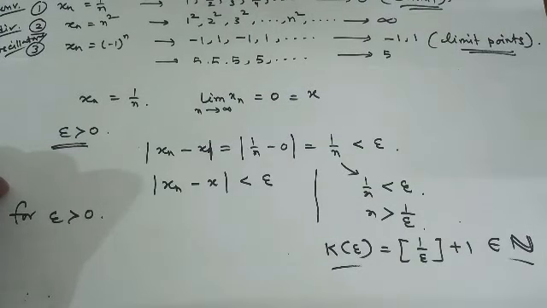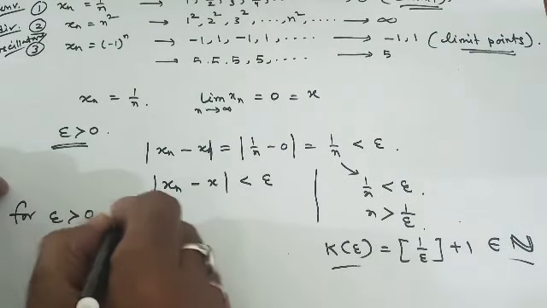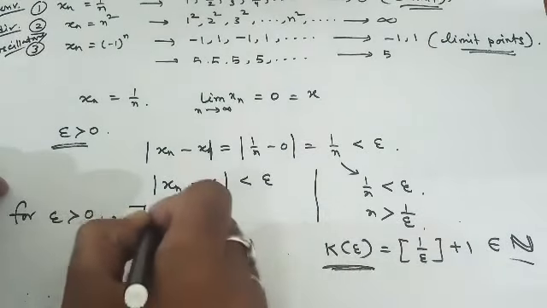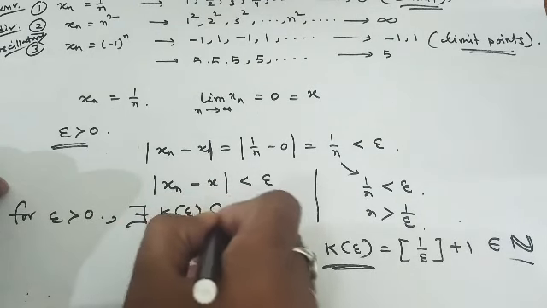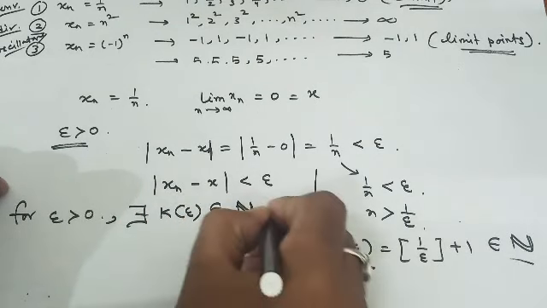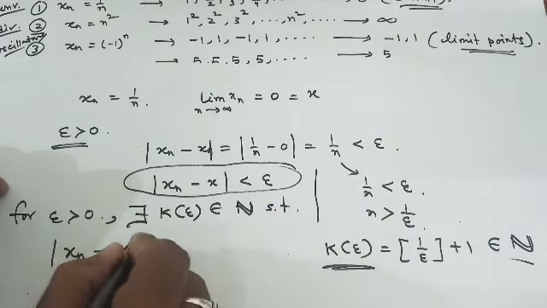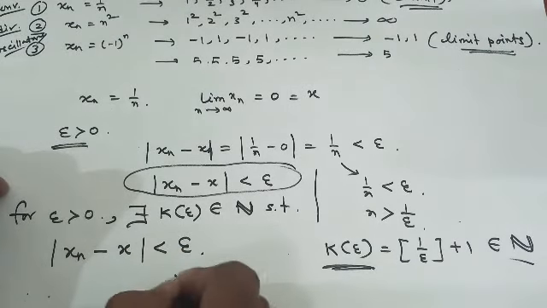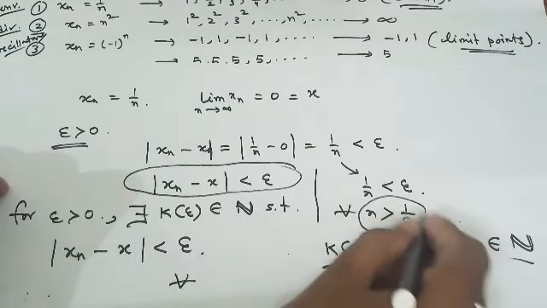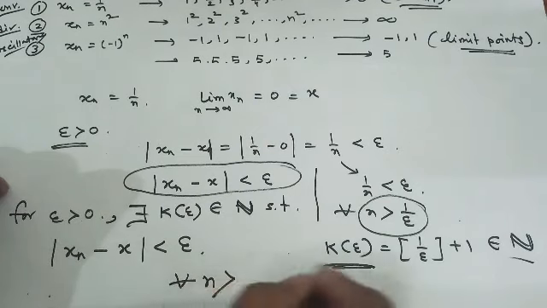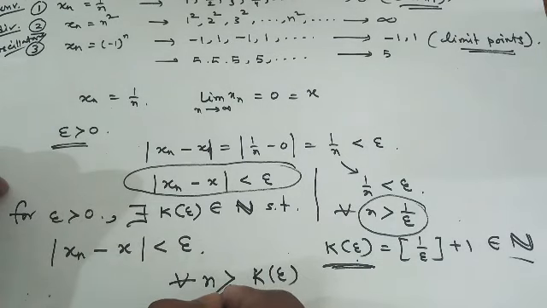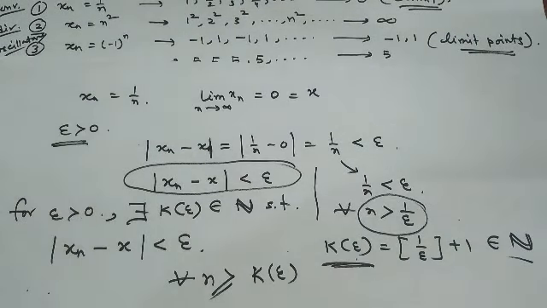However small, we can think it is smaller than that quantity. For epsilon greater than 0, there exists this k epsilon which belongs to the set of natural numbers, such that we can make xn minus x less than epsilon for all n greater than or equal to k epsilon, where k epsilon is given as this one.